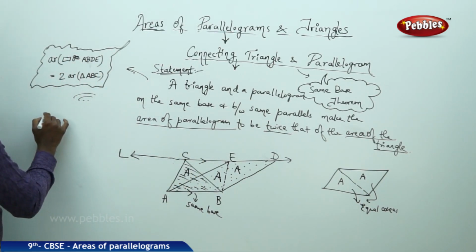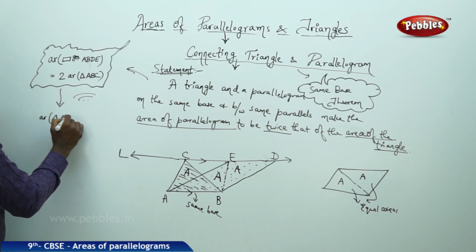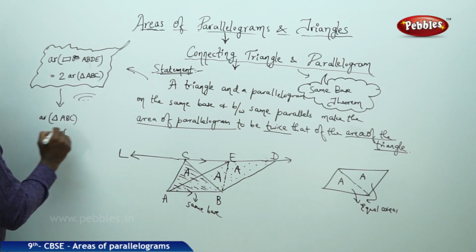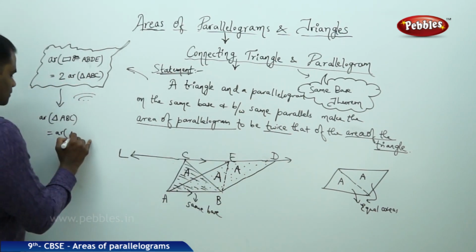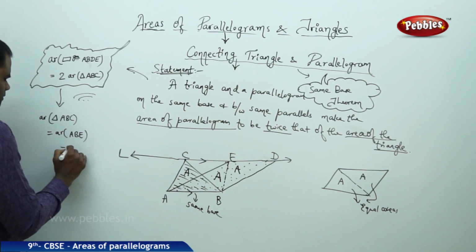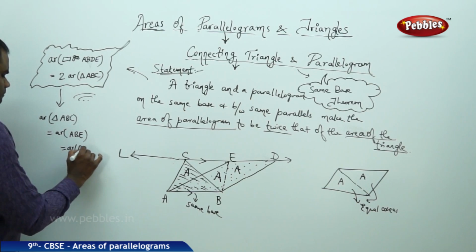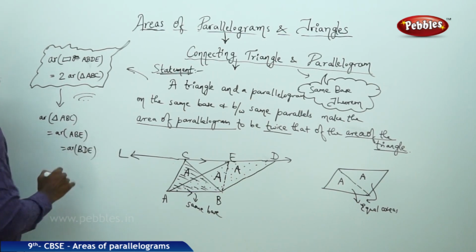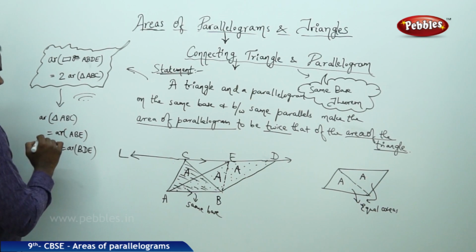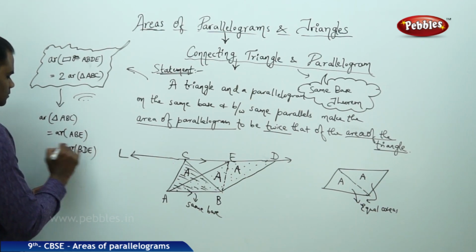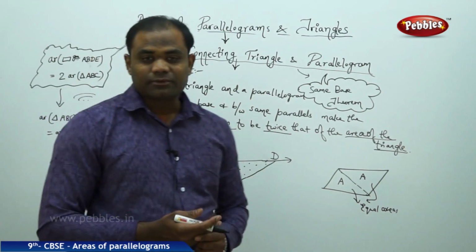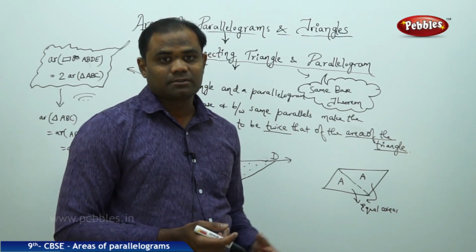So the area of triangle ABC is equal to the area of triangle ABE, which is equal to the area of triangle BDE. All three areas are equal.